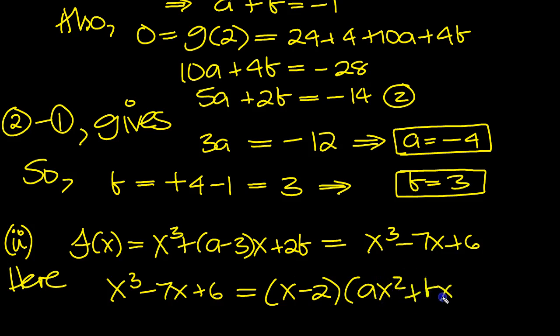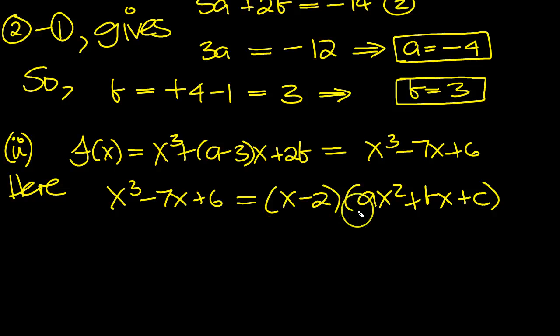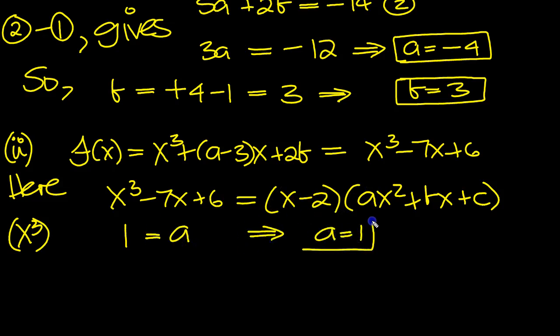Plus bx plus c in here, in this part of the problem. Okay, so let's equate x cubed then. One of these is equal to ax cubed, so that's just a equals 1. And we'll equate constants next, of course. We get 6 is equal to the minus 2c.